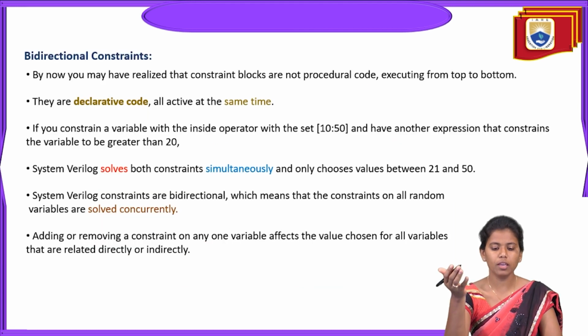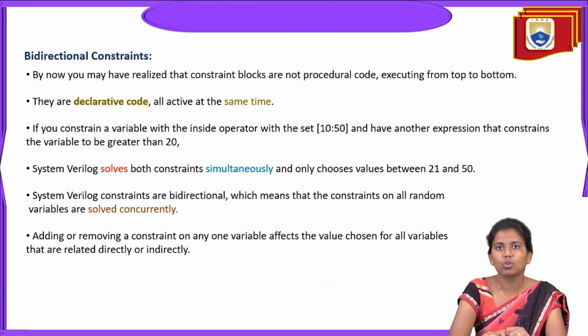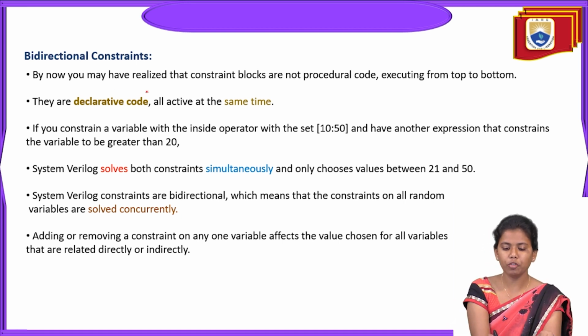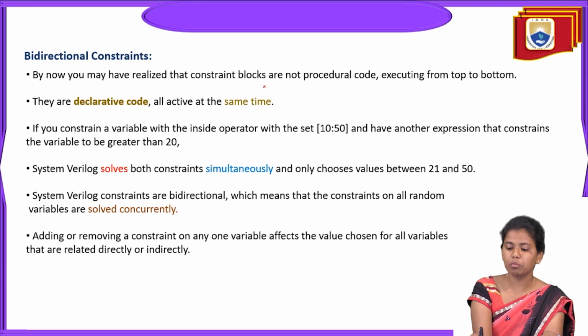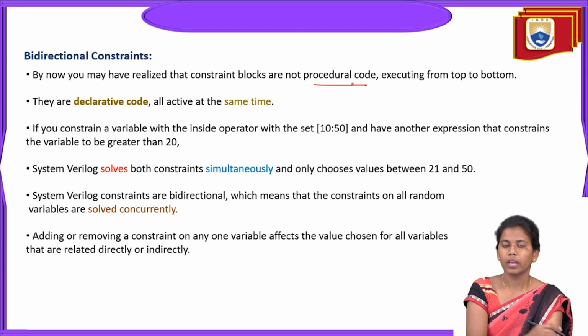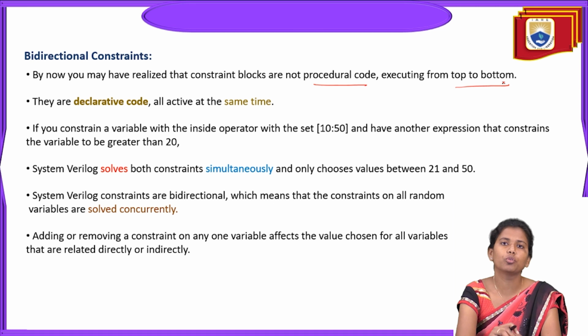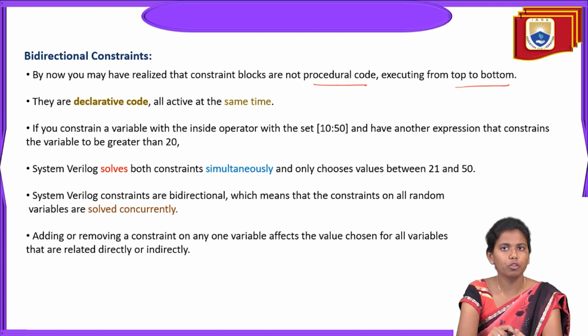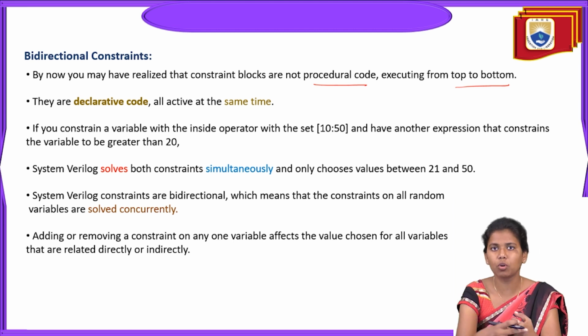And now coming to the bidirectional constraints. What does a bidirectional constraint mean? By now you may have realized that constraint blocks are not procedural code executing from top to bottom. You have to remember one thing: till module 4, we were writing code in terms of behavioral modeling, with the help of procedural assignments, non-blocking assignments and blocking assignments.